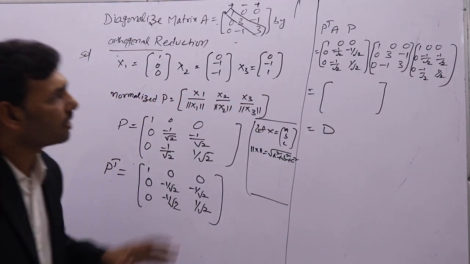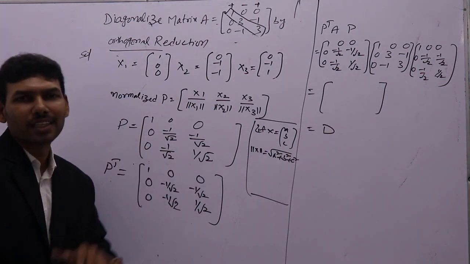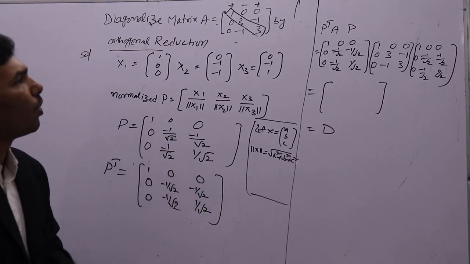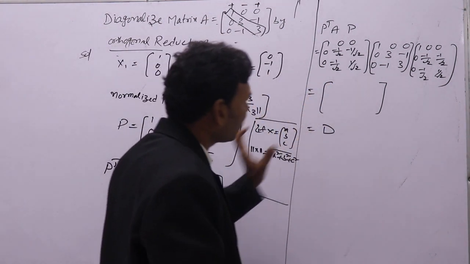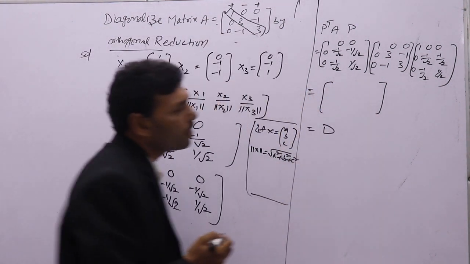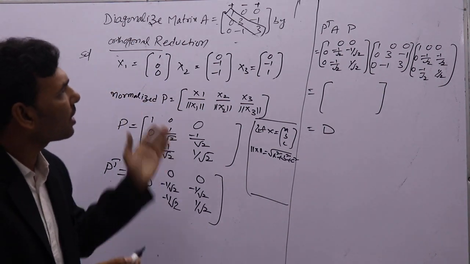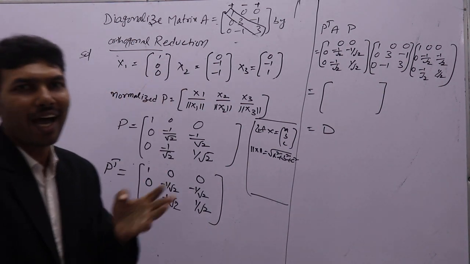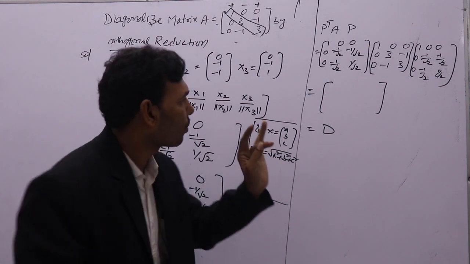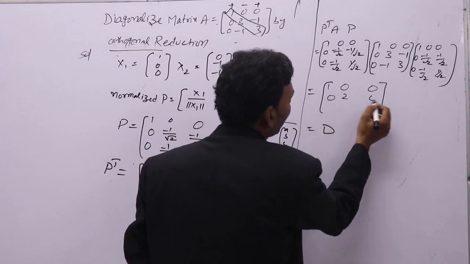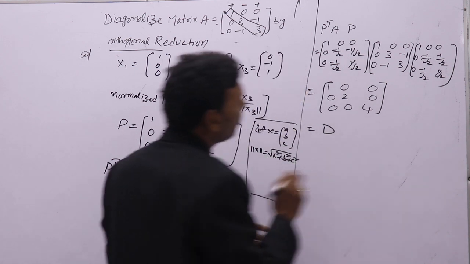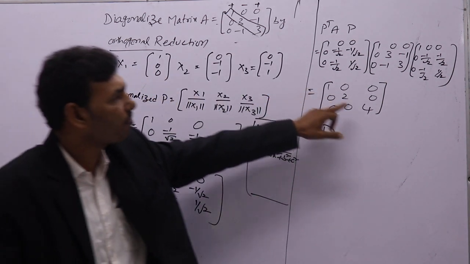Without multiplying these three matrices, we already know what answer we are going to get finally. In the principal diagonal, you need to keep the eigenvalues. We already calculated the eigenvalues: 1, 2, 4. So I am going to keep those eigenvalues in the principal diagonal. That will be the answer. For every problem, you can keep the eigenvalues in the principal diagonal.